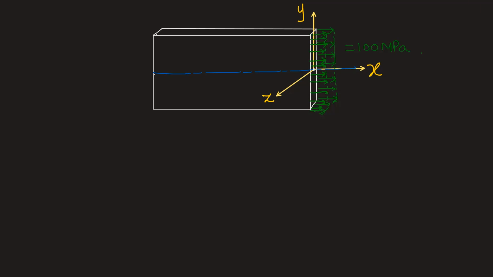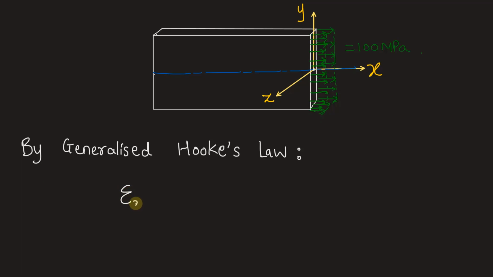So, by generalized Hooke's law, the strain in x direction is equal to stress in x direction by the Young's modulus minus Poisson's ratio into stress in y direction by Young's modulus plus stress in z direction by Young's modulus.